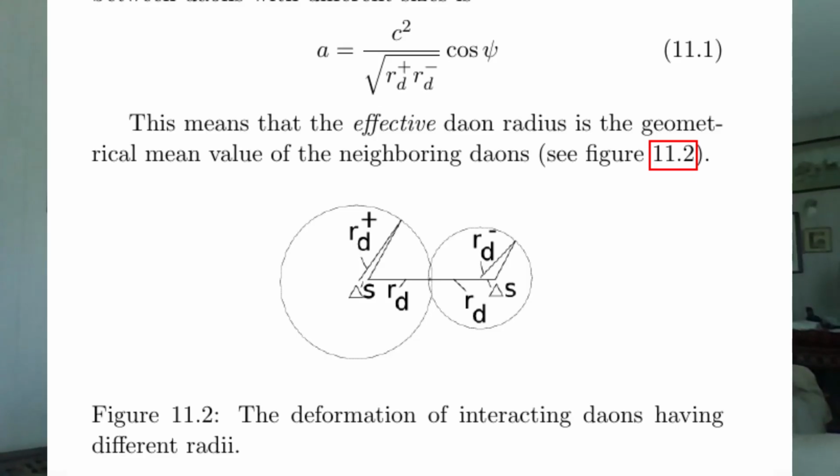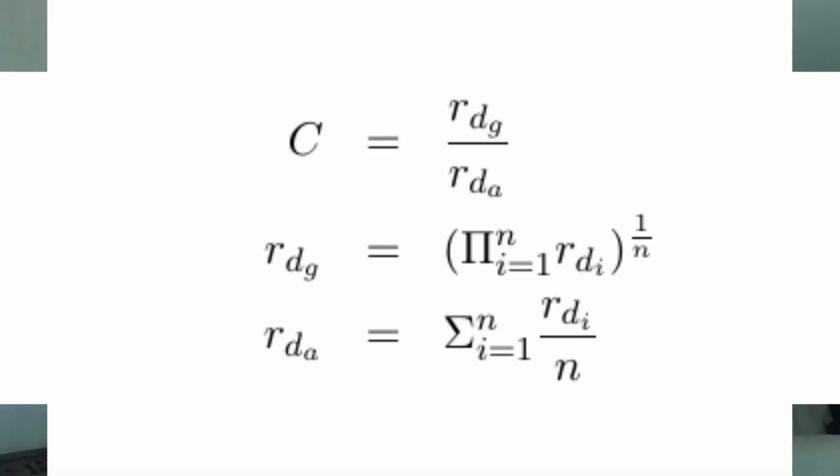You see here the interaction between two DAONs comes out like this. If you look at a whole shell, you multiply all the DAON radii together and take the geometrical mean and the arithmetical mean. You divide the geometric by the arithmetical mean, and then you get a constant which tells you how much the shell has been contracted in that specific interaction.